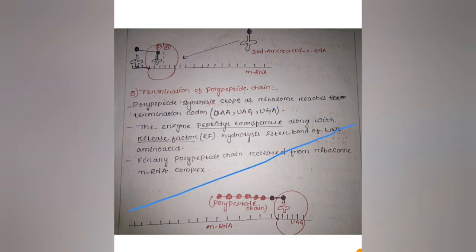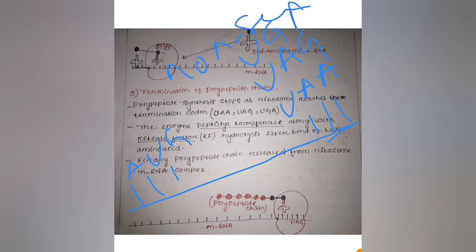In mRNA, first codon is AUG and the last codon, the termination codon or stop codon, is also called as nonsense codon. It may be UAA or UAG or UGA. These three are stop codon, termination codon, or we can call it as nonsense codon.